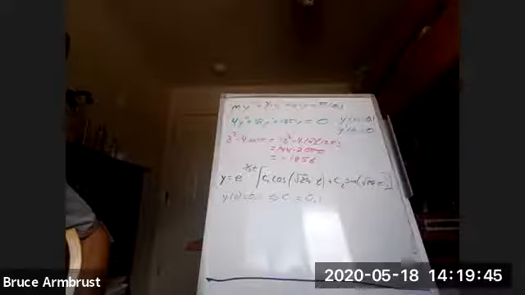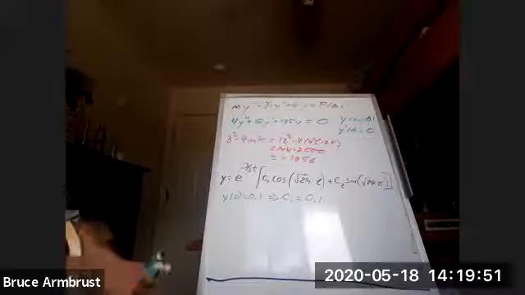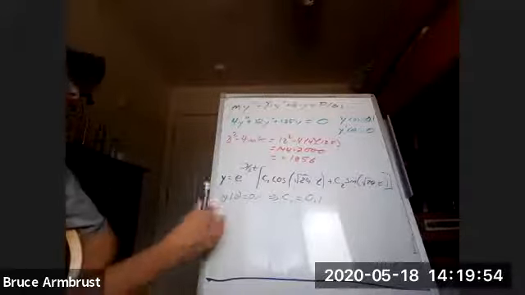So then to get C2, we have to use the fact that we were starting at rest. So that means we need a y prime.